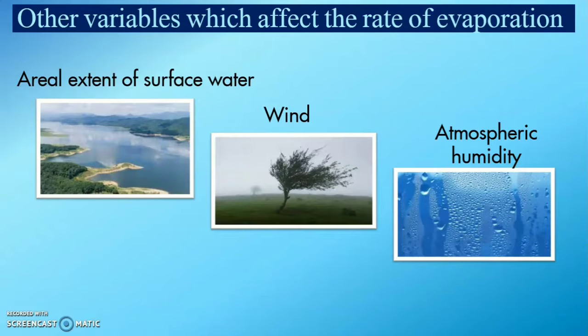Children, the rate of evaporation decreases with an increase in humidity and vice versa. So, humidity and the rate of evaporation are inversely proportional to each other. So, children, the variables which affect the rate of evaporation are temperature, areal extent of surface water, wind, and atmospheric humidity. Is it clear, children?